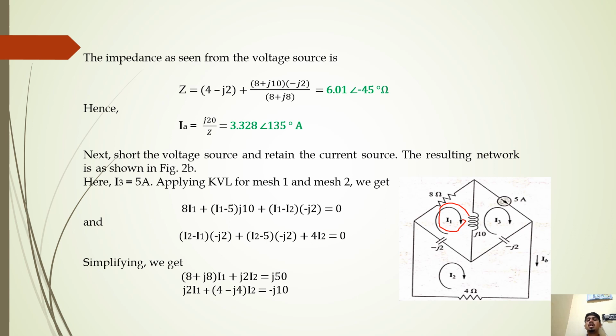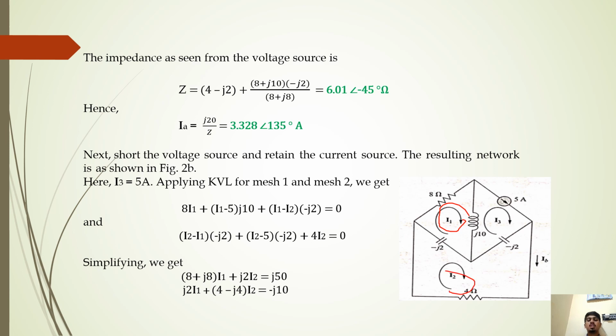We get 8I1 plus (I1 minus 5) into j10 plus (I1 minus I2) into minus j2 is equal to 0. And apply KVL to mesh 2.